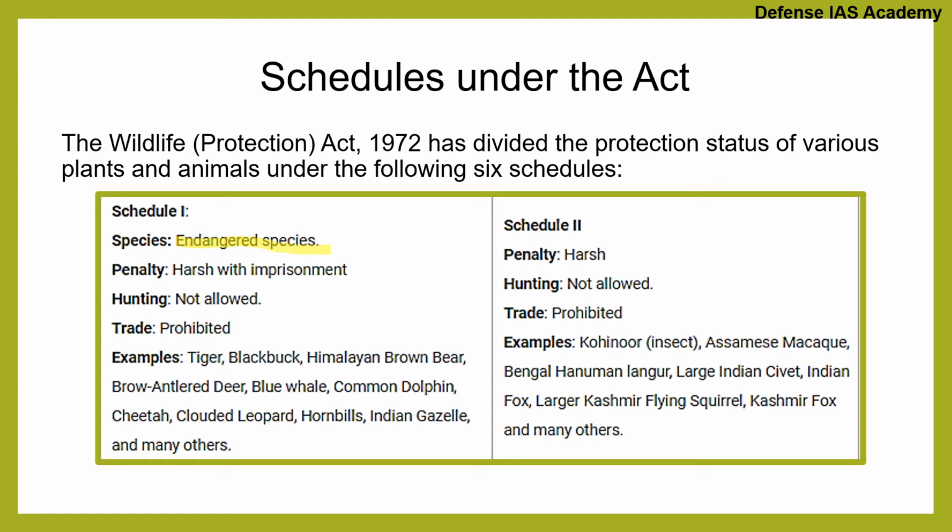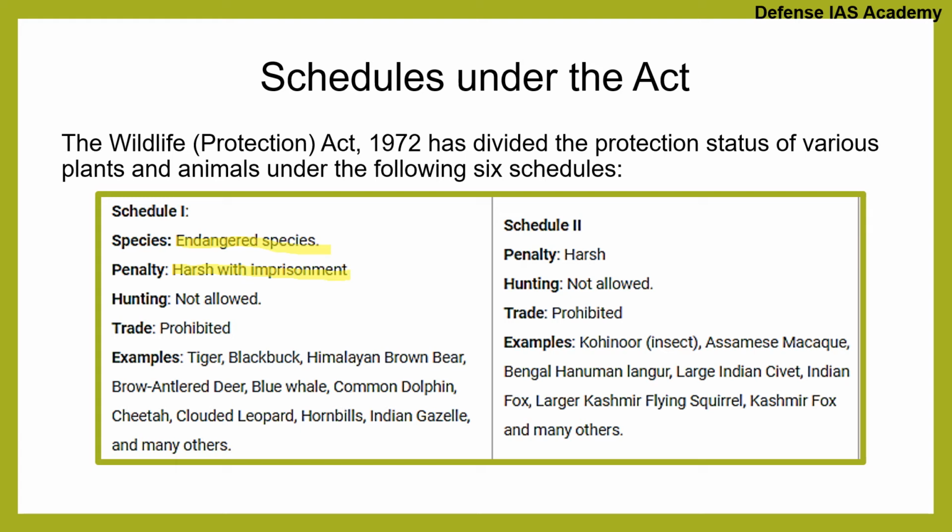And if you hunt or kill any endangered species, the penalty is harsh imprisonment. So this particular schedule covers the endangered species that need rigorous protection, and these species are granted protection from poaching, killing, trading, etc. And the person who does it will be given the harshest punishment that is available under the law.